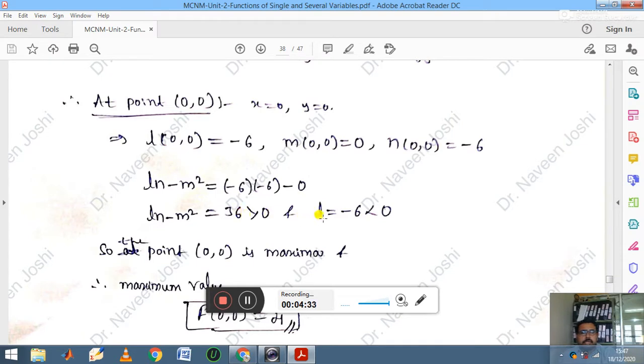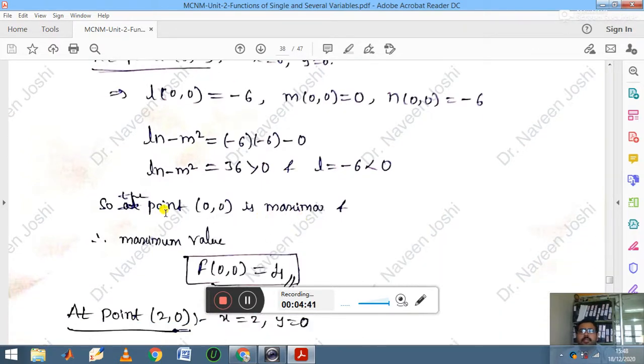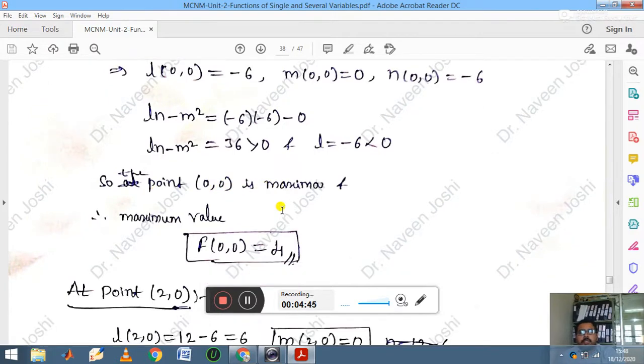Then check L value, which is negative. When LN minus M square is positive and L is negative, the point 0 comma 0 is said to be maxima. Substituting 0 comma 0 in the given function, the corresponding maximum value is 4.